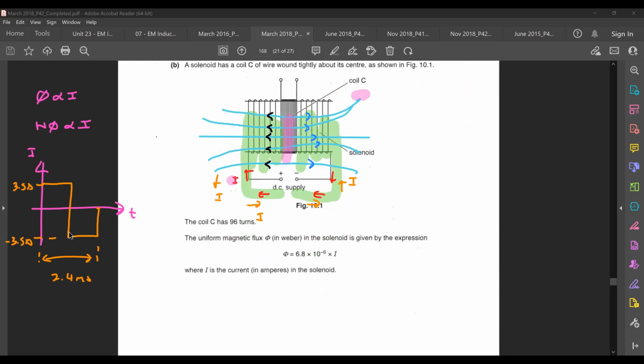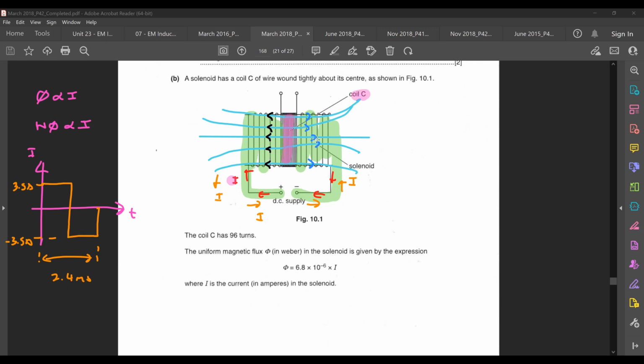So if you want to find the EMF induced, you can consider that it's the rate of change of flux linkage. Your flux is already given as 6.8 times 10 to the power minus 6 I. When it comes to the change in your flux linkage, the N remains constant, but the flux is the one that changed because your current changed.